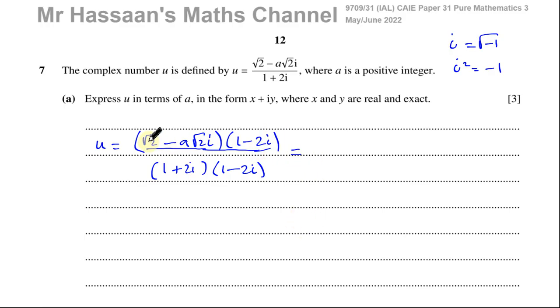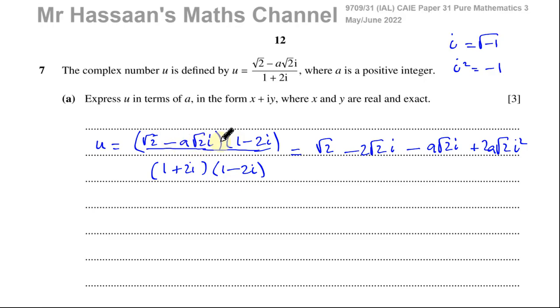So let's just simplify this now. Root 2 times 1 is root 2. Root 2 times minus 2i is minus 2 root 2i. Minus a root 2i times 1 is, as it is, minus a root 2i. Then we have minus a root 2i times minus 2i. Minus and minus gives you plus, so you have a times 2, which is 2a, times root 2 times i squared.